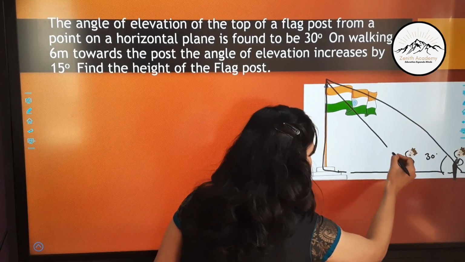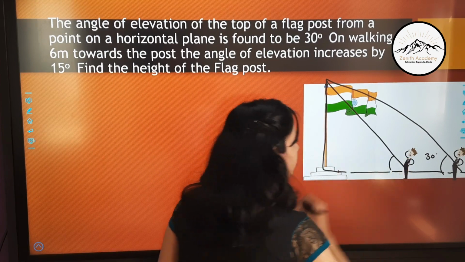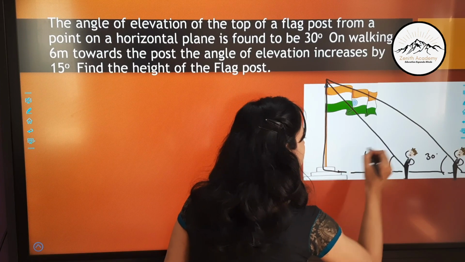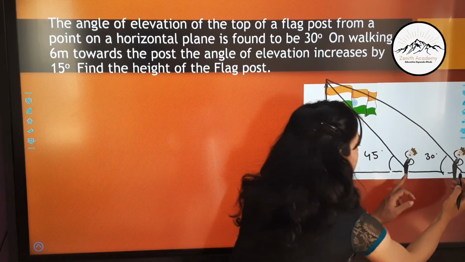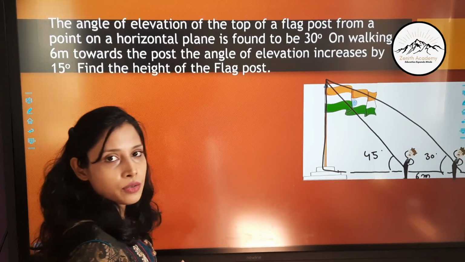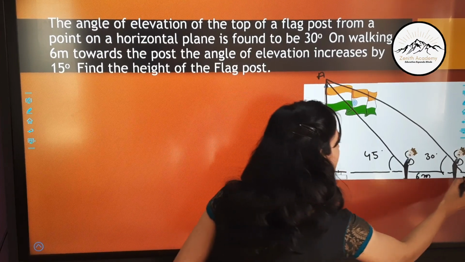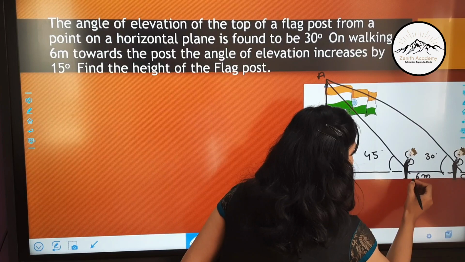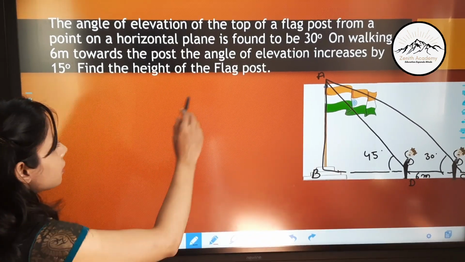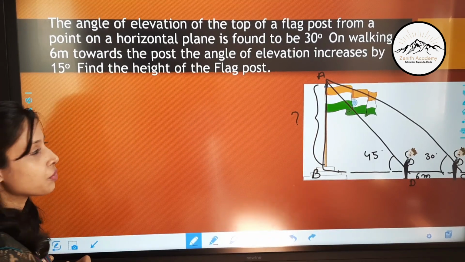As he walks 6 meters, this will be another angle of elevation, and this is increasing by 15 degrees, meaning 30 plus 15 will give us 45 degrees. This distance that he walked is given to us as 6 meters. Let's mark the points A, B, C and this is D. Now what we need to find is the height of the flag post.